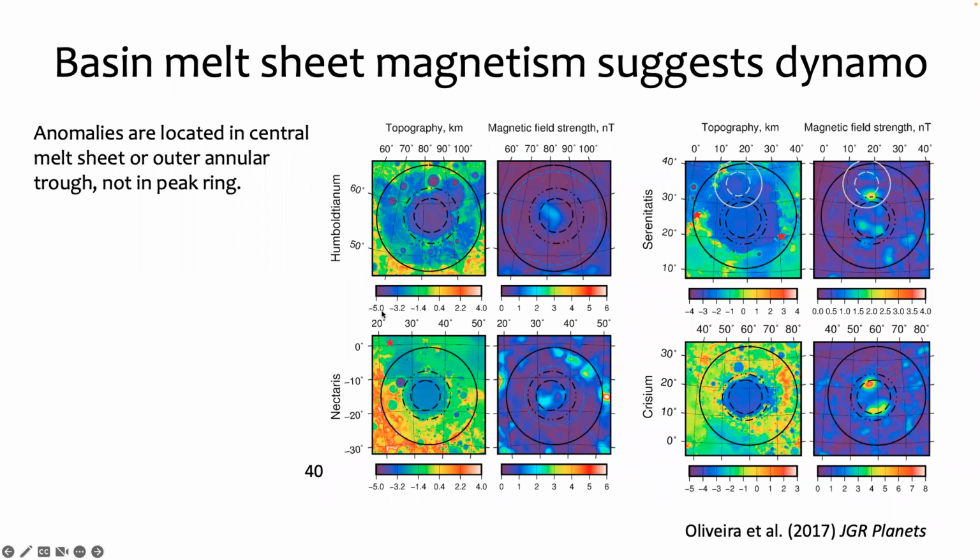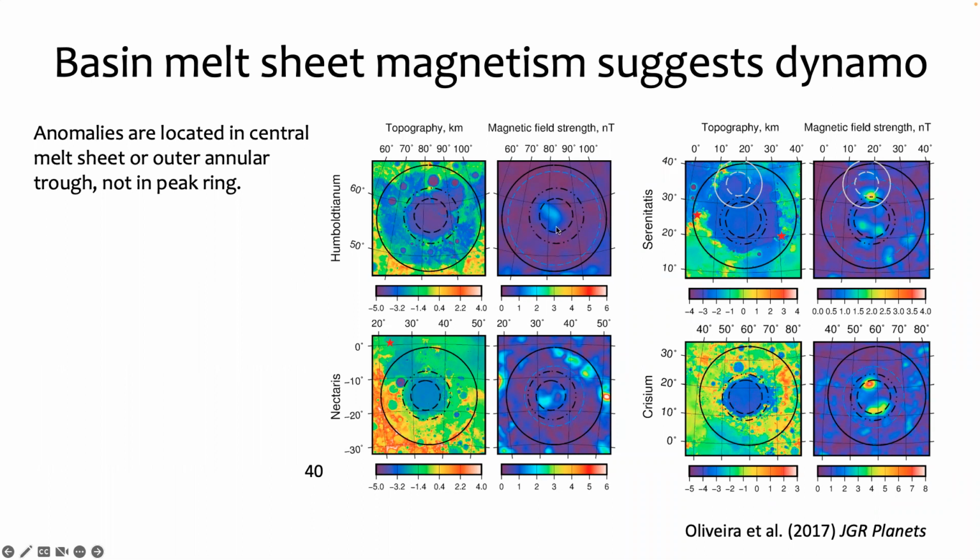Here's a study by Oliveira et al. 2017, and they looked at a variety of old impact basins on the moon. Here's Humboldtianum, Nectarius, Crisium, and Serenitatis. Whenever you look at this figure, the way these are organized is you have the outer rim of the basin, then the peak ring, and then the inner melt pool.